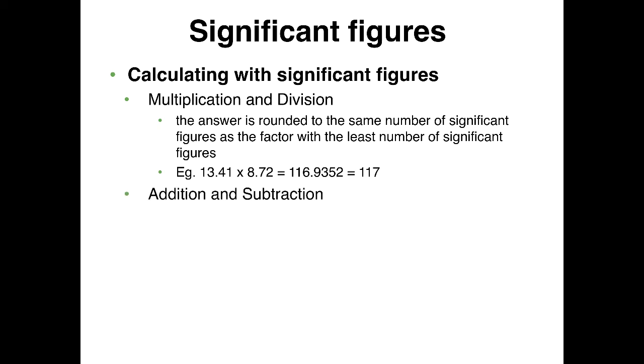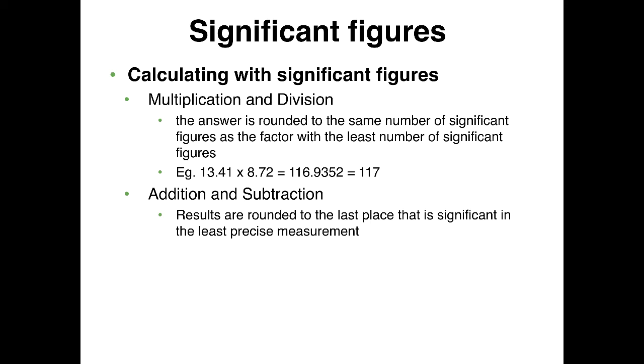Addition and subtraction is a little different. The results are rounded to the last place that is significant in the least precise measurement. So let's take a look at an example. For example, if we're adding 13.413 plus 18.7, the answer is 32.113.